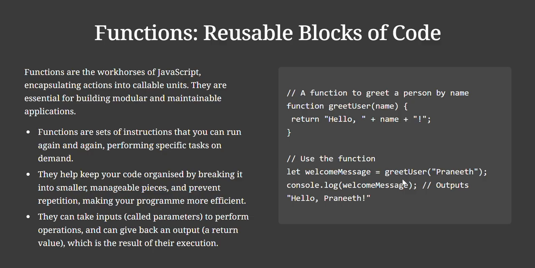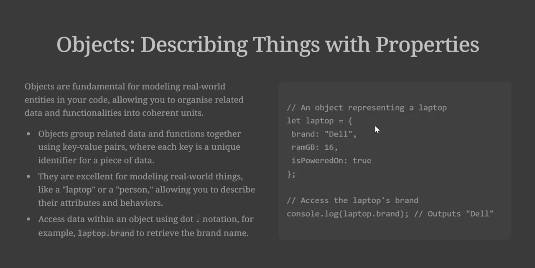What is the value stored in welcomeMessage? It is the greeting. When we give Praneet to this function, it goes in and prints hello. In place of name, it adds Praneet and the exclamation mark. It is usually called string concatenation.